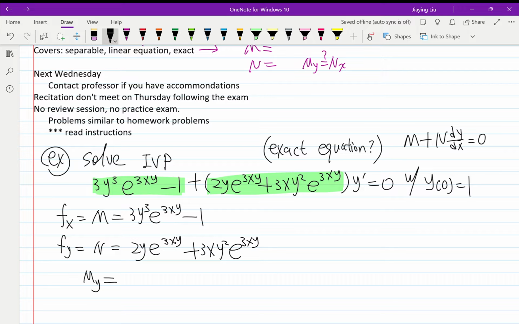It seems like we have to use the product rule because that's a product, right? So if we leave the 3 aside, we have y cubed e to the 3xy. We have to use the product rule.